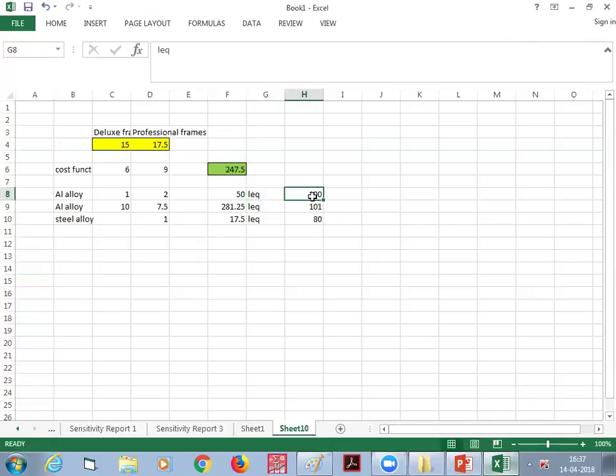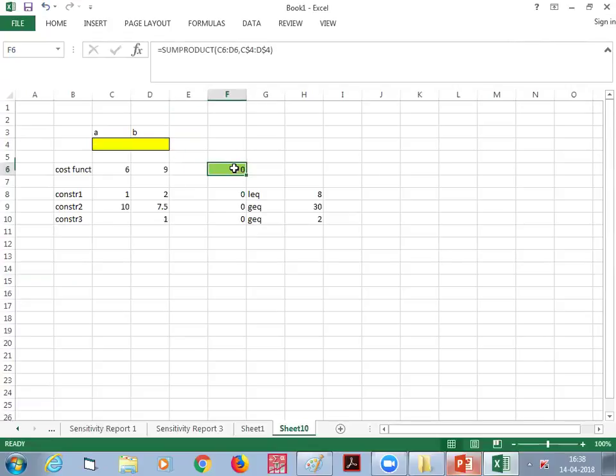The last 2 are greater than or equal to constraints. Doesn't matter what these are, I suppose. Let's just call them constraint 1, 2, and 3, and the variables A and B, whatever, doesn't matter.